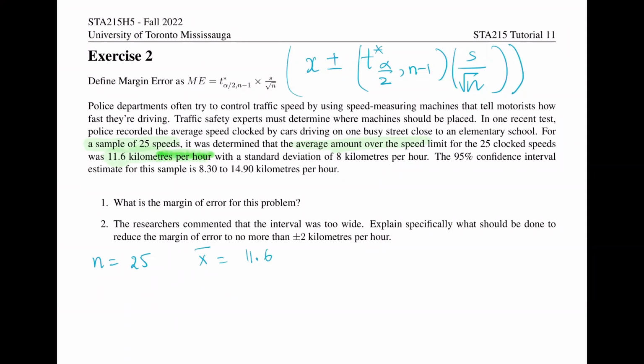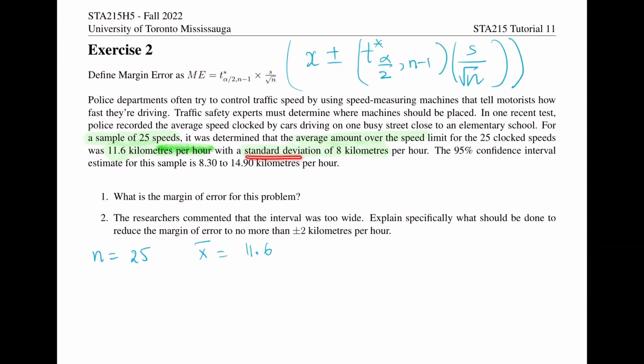And then this one is the sample standard deviation, because it says that the result was obtained from 25 sampled speeds. That's why this standard deviation is a sample standard deviation. So I will write s equal to 8.